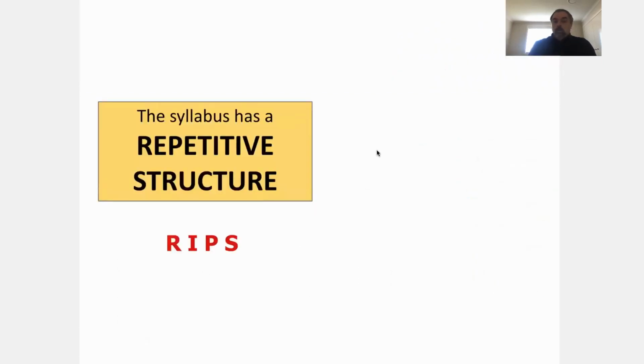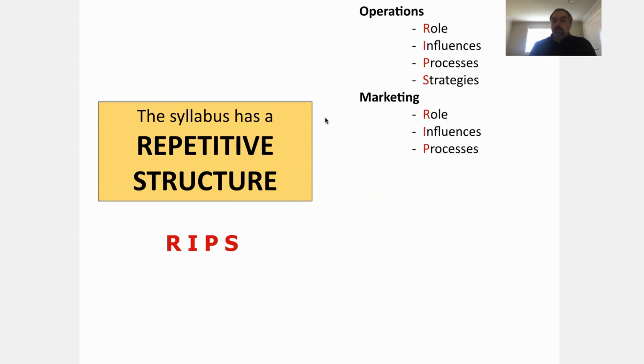All right, so you would know by now that there's a repetitive structure to the HSC course, and the word RIPS refers to the 4 components that are in every single topic. So as you can see here under operations, we'll look at the role, the influences, the processes, and the strategies. I guess it's been designed that way to help students remember aspects of the course and place those under the specific topics.